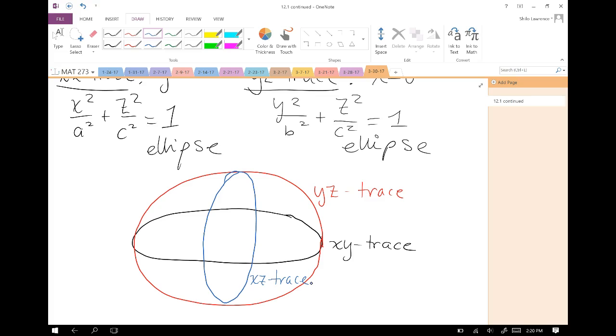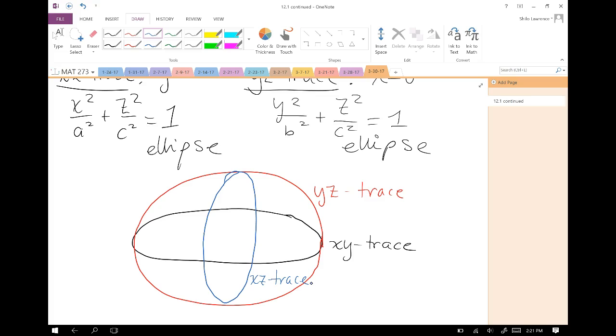But no matter which direction we slice this thing in, we're getting an ellipse every time.